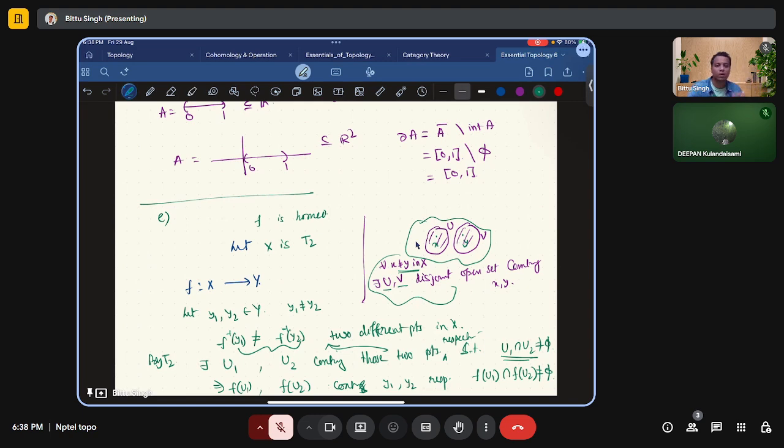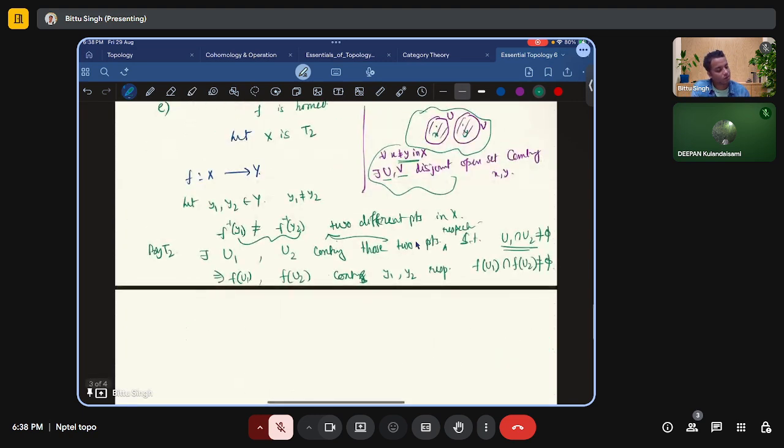Because we are using the property of f of A intersection B. Suppose x belongs to Y1 intersection Y2, then x belongs to U1.